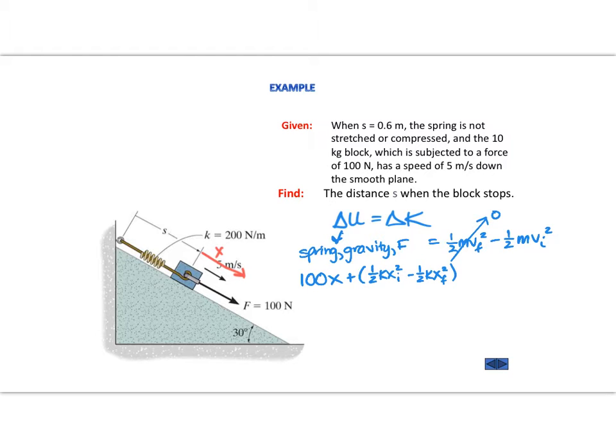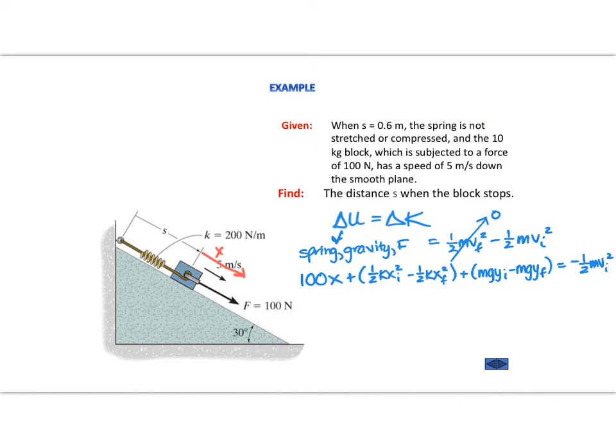And then the work done by gravity is mgy initial minus mgy final. And all this is going to be equal to minus 1/2 mv initial squared. Those expressions for work done by the forces are things that we saw in the lecture.